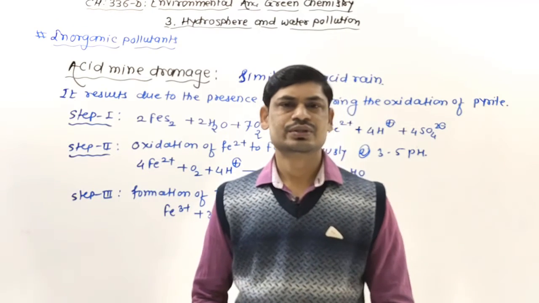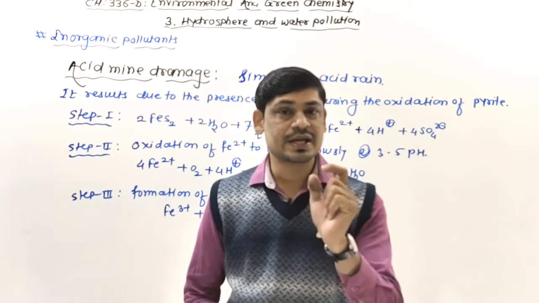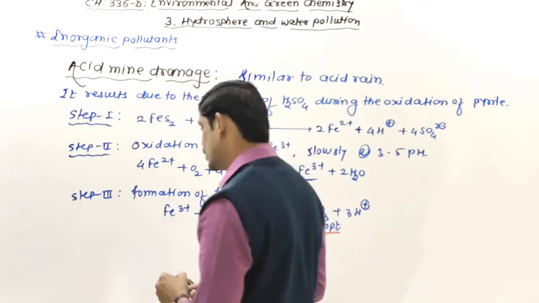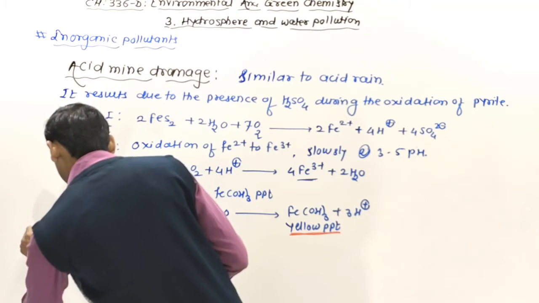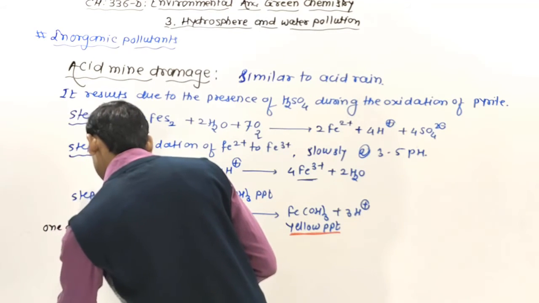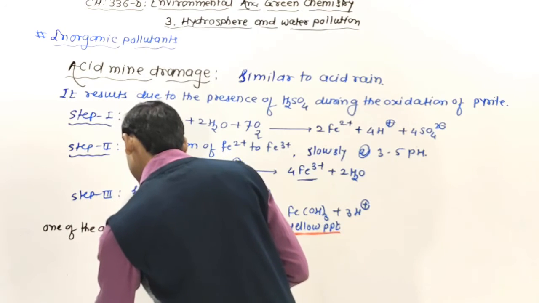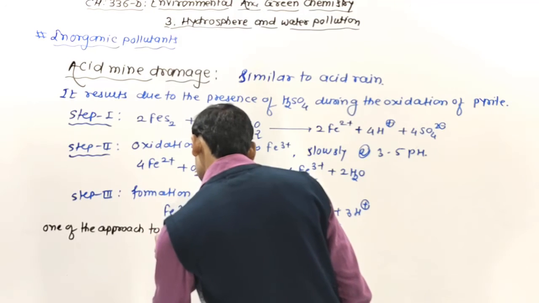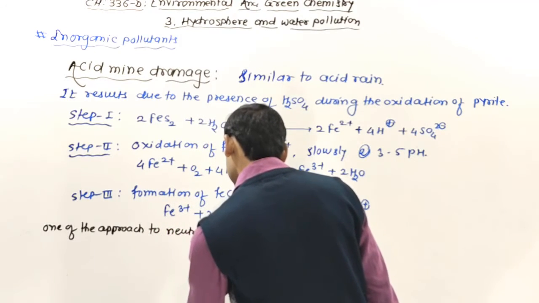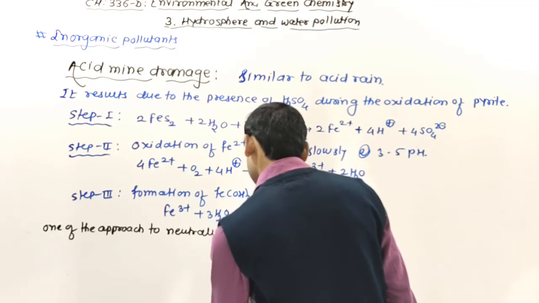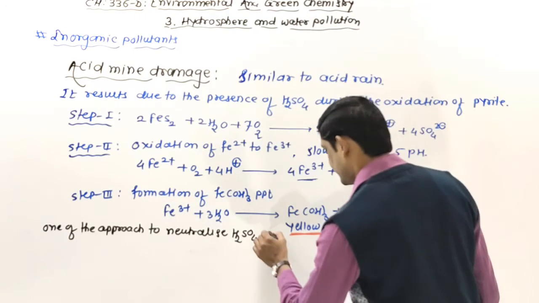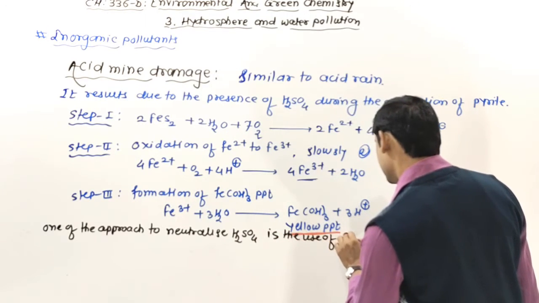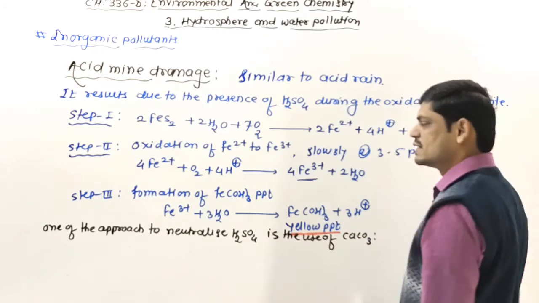One of the approaches to neutralize the sulfuric acid is the use of limestone, that is calcium carbonate.